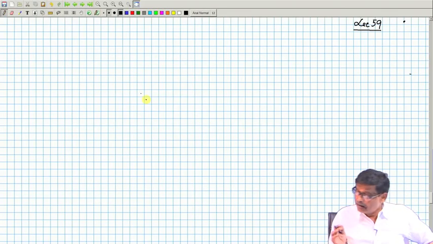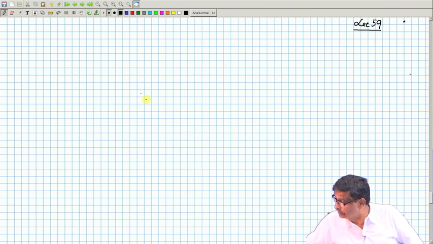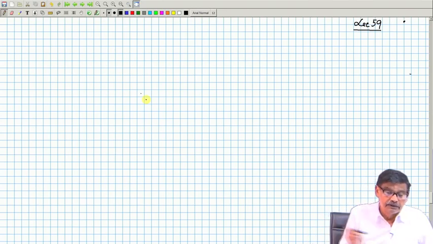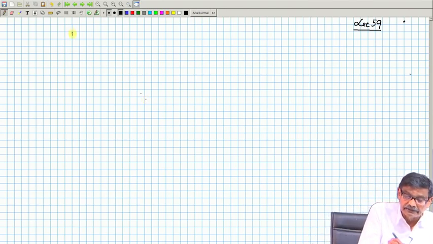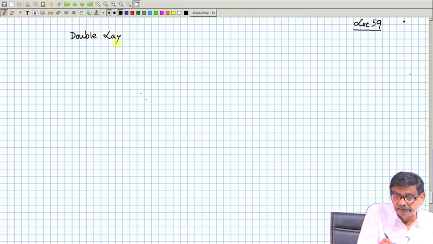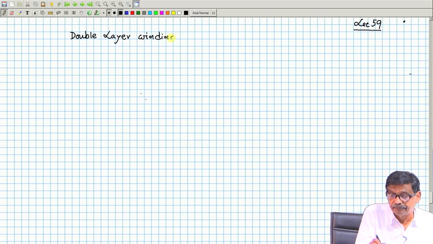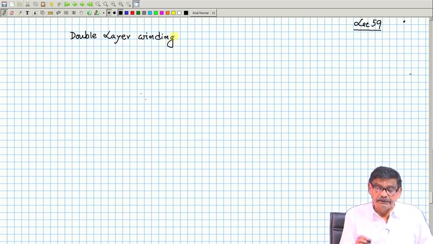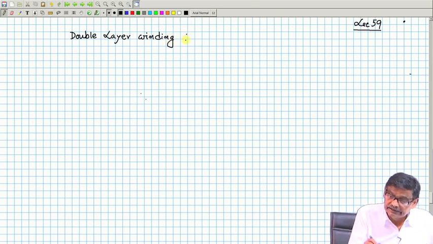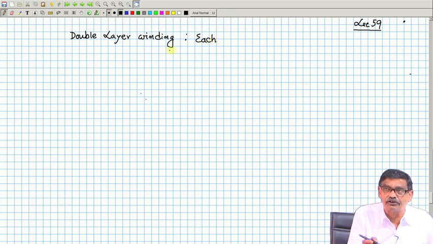Now, what I will tell you is that we will be talking about double layer winding. That is, conductors will be placed on slots.